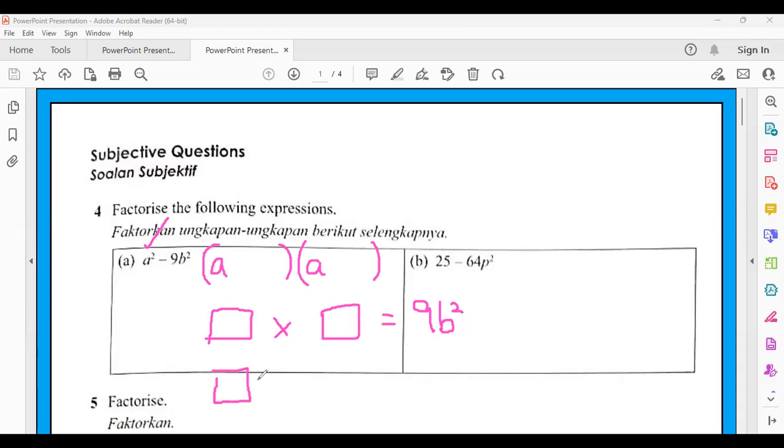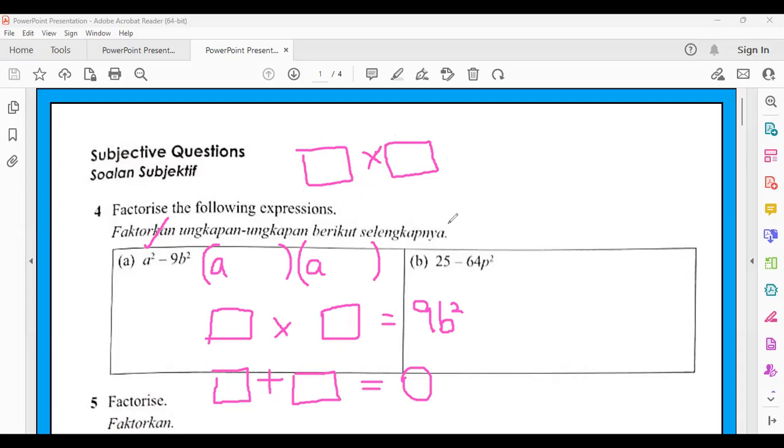But that same something plus that same something is going to end up with 0, because I don't see my center term. So what could be the factor for 9b squared? What times what could be 9b squared, but it adds up and cancels off each other.